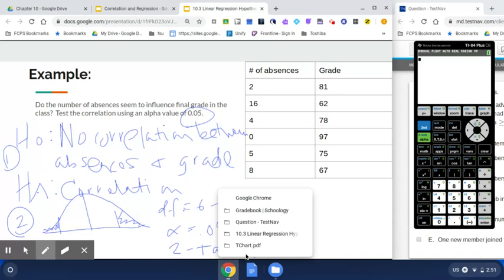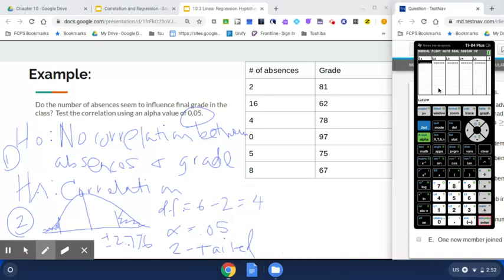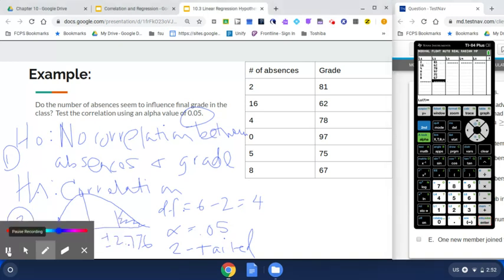Okay, guys, I'm going to go ahead and enter these data points into my calculator and ask the calculator to come up with the test statistic and the p-value, which we will use to make our decision and summarize. So number of absences are going to go into list 1, and final grade is going to go into list 2. Okay, I've entered those values into list 1 and list 2.